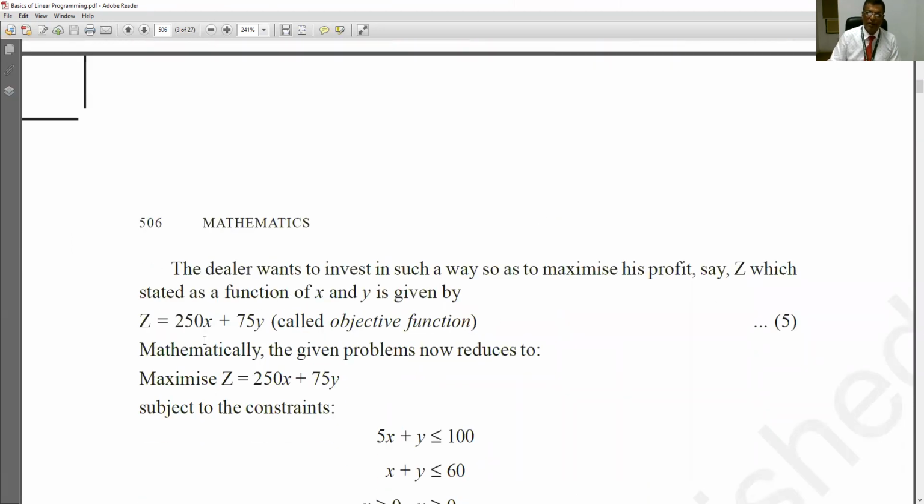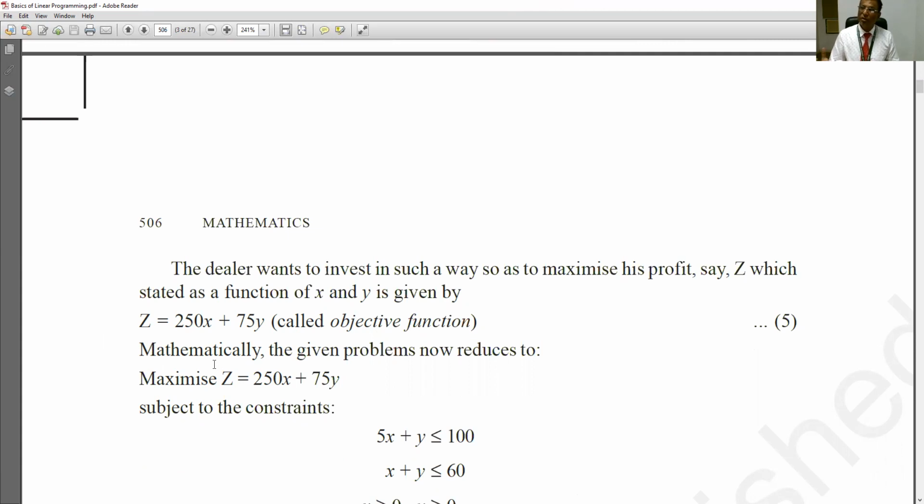And you have written 250x plus 75y, means the shopkeeper is planning to get 250 rupees as benefit on a table and 75 rupees on a chair. So the sum of the total benefit is called the objective function. The objective of the shopkeeper is to get this result, and he wants to maximize this.